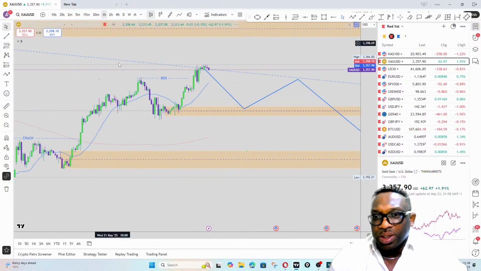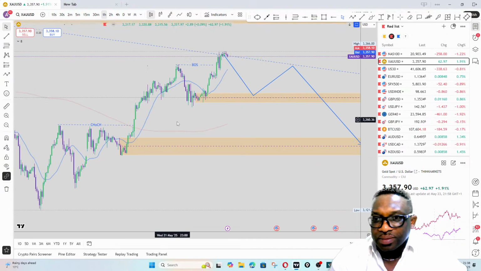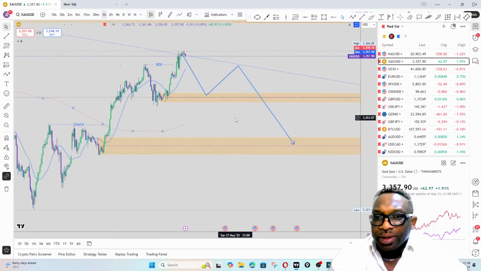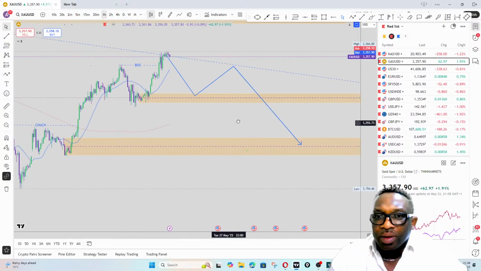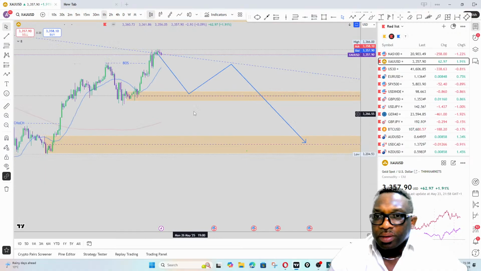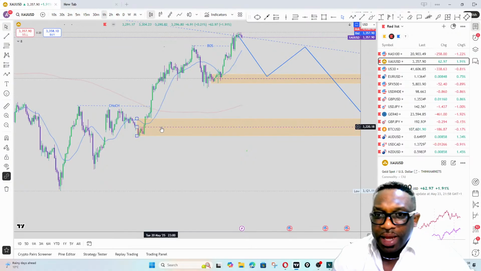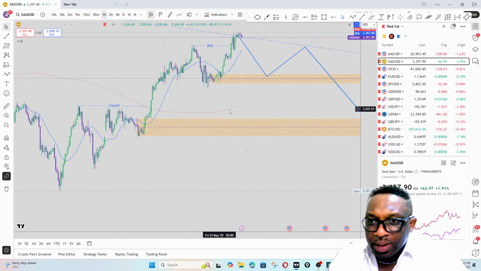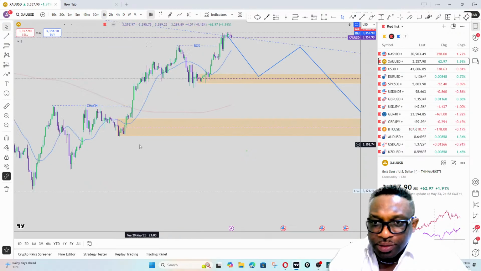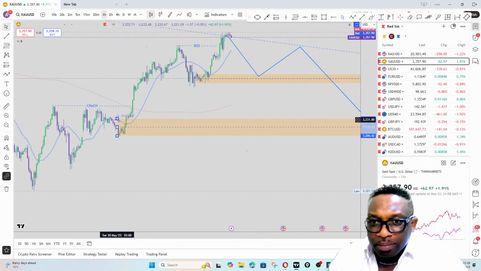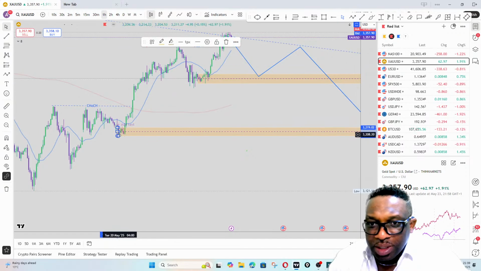So let's go to the 1 hour. Let's try to refine this much more. Okay, so we have another area here. So for this push up or this break on the 1 hour time frame, we can more or less refine it to this candle that started a move here.